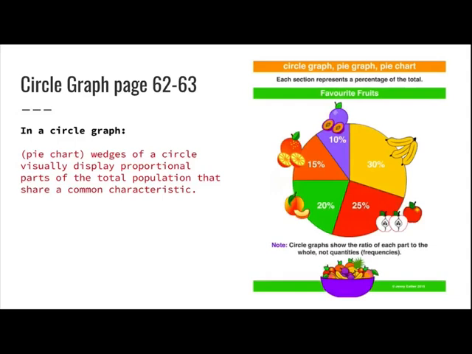Circle graphs will show the ratio of each part to the whole, but not quantities. So 30% doesn't mean 30 bananas. It just means that 30% of the total fruit are bananas. And also notice how each part of the pie graph is labeled with a percentage as well as a color or image.